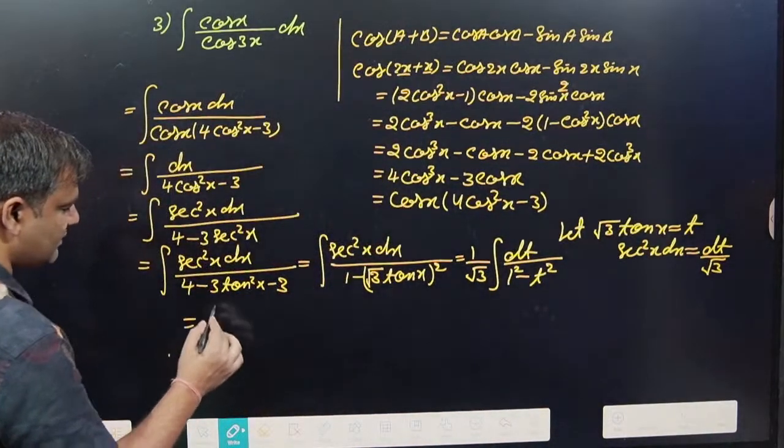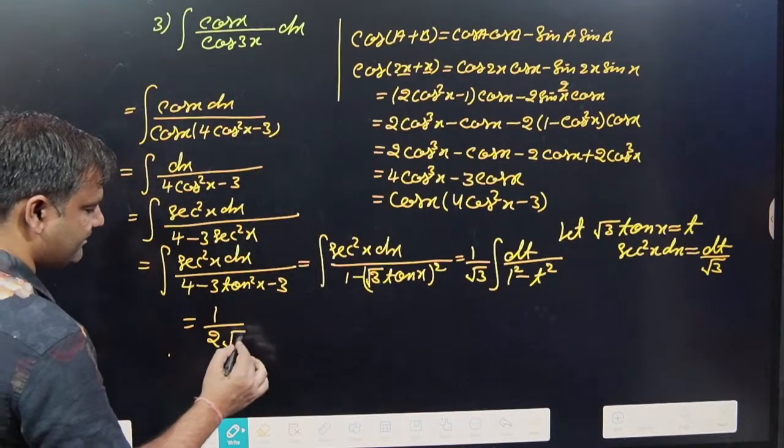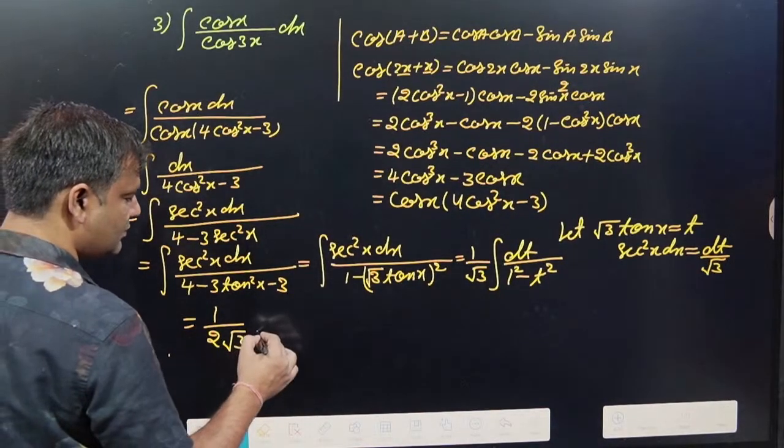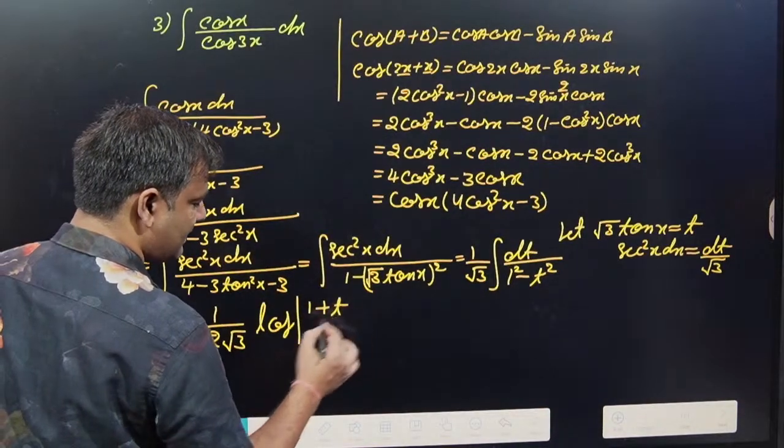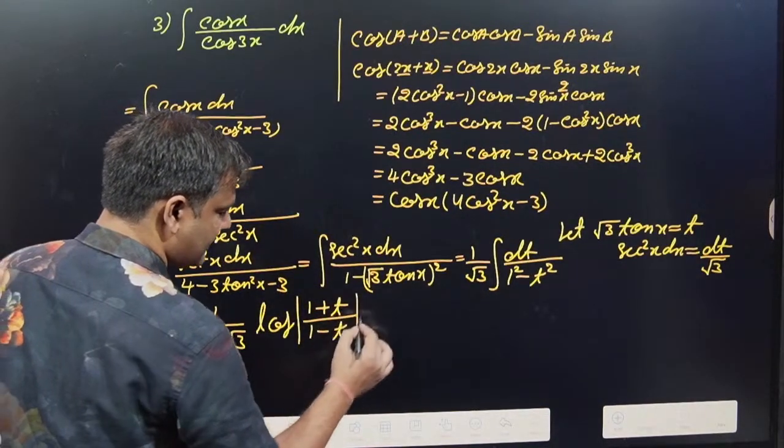Now using the formula, 1 by 2 root 3 into log of (1 plus t) divided by (1 minus t) plus c.